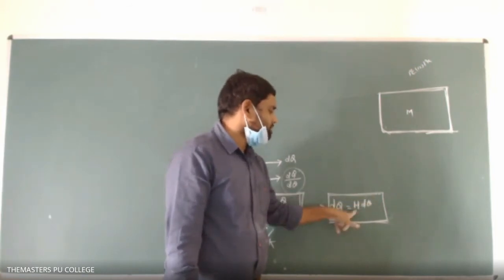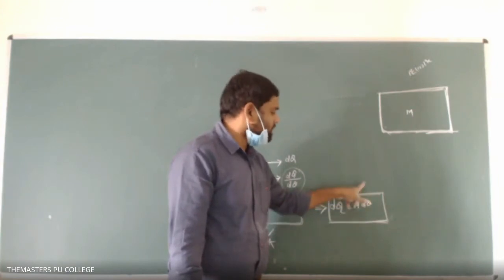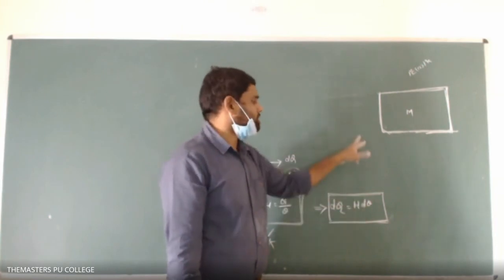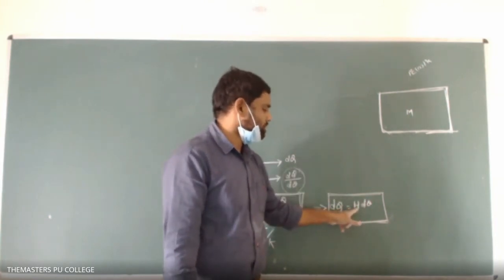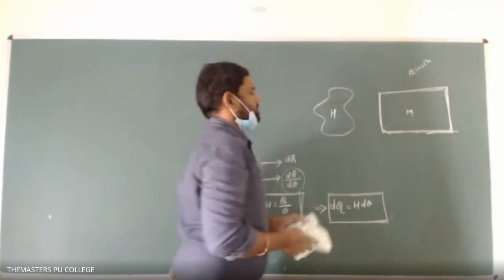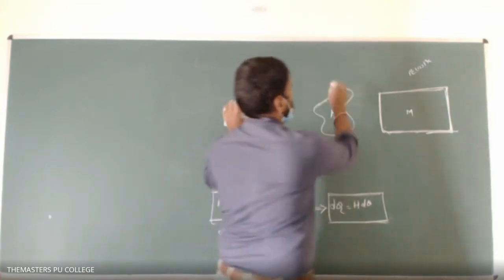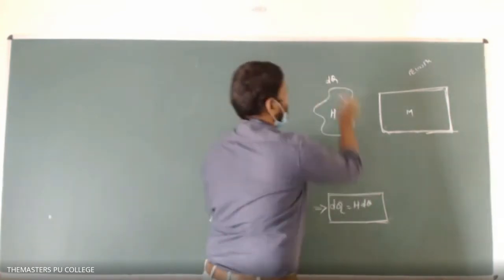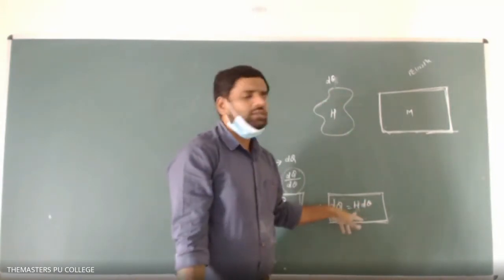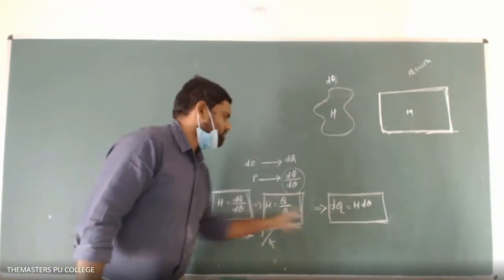For example, a body is there whose thermal capacity is H. The heat I need to supply to raise its temperature by d theta is H into d theta. This is a converse of the earlier equation.